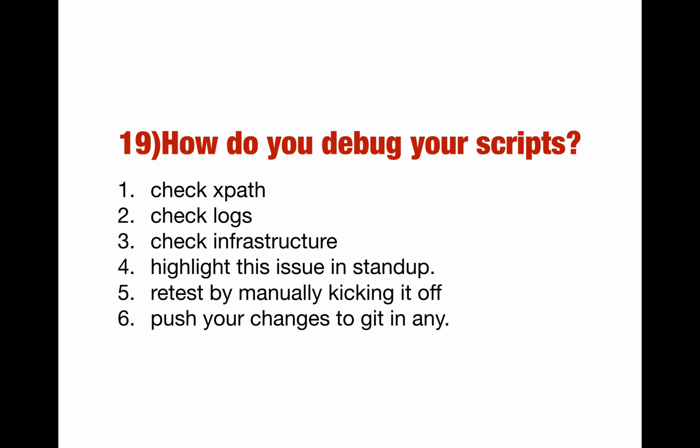If there are any changes, make sure you retest them manually on your local machine before integrating with git, because sometimes the script might fail locally too. Make sure it is working perfectly fine, and that's when you push all your changes to git or whatever repository you're using. So this is how you debug and act in case of script failures.